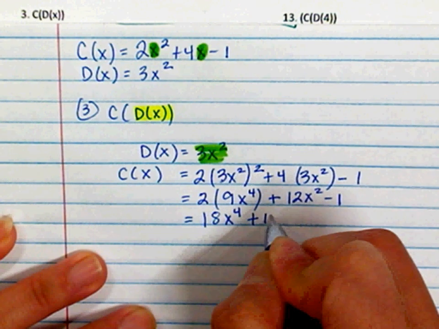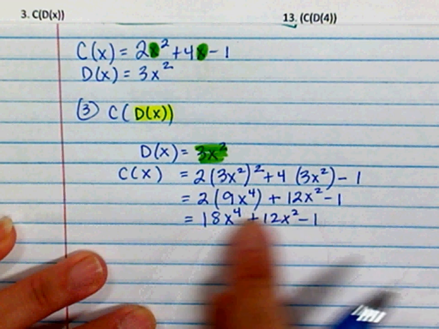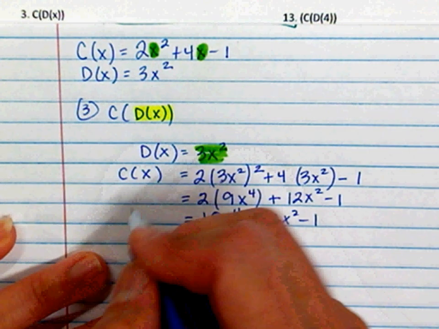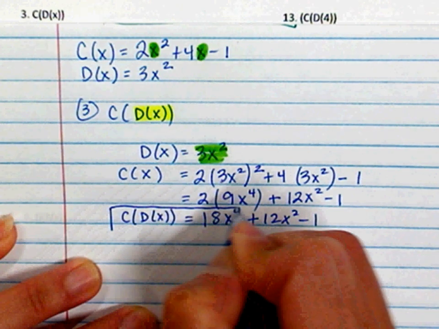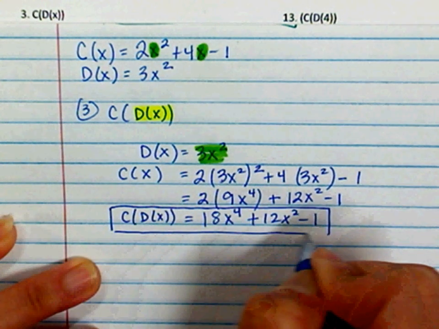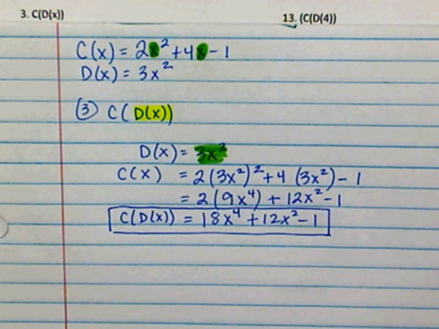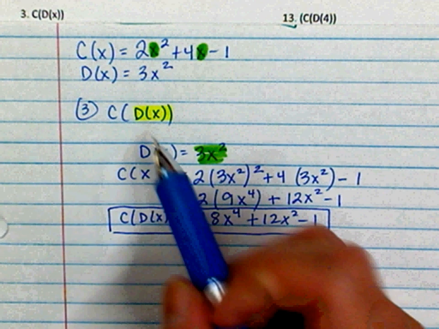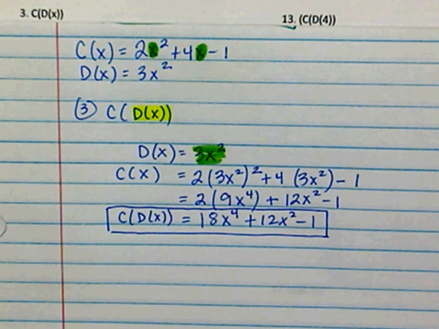Bring down your 12x squared minus 1. Can I combine any like terms? No, and since you can't, I'm going to go ahead and write my original problem right there. And there you have your answer for number 3. Okay? So start from the inside out. All right, I hope this is helping you a little bit more.